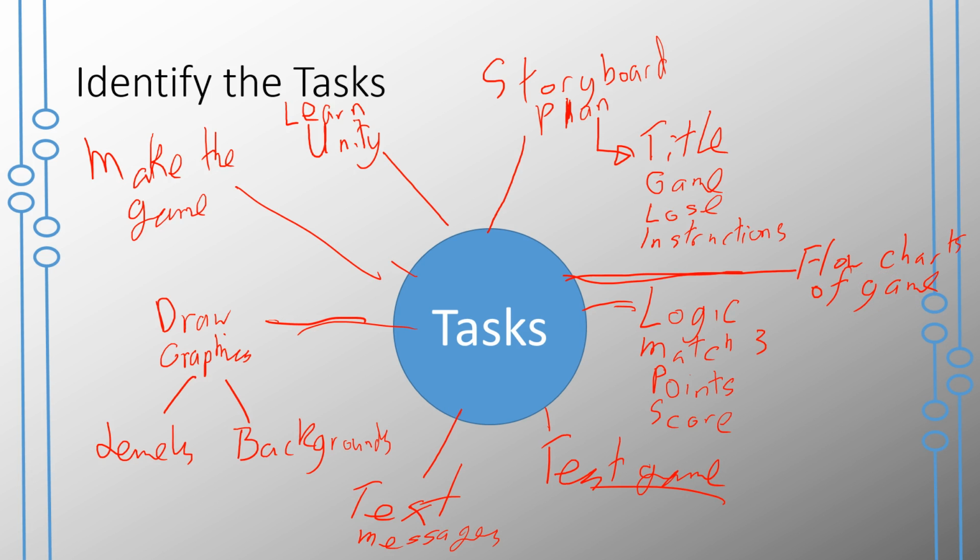So flowcharts of the game, that's showing what's happening where. If we're going from, say, title screen to game to lose, and then that takes us back to the title, that's just about basic screens.